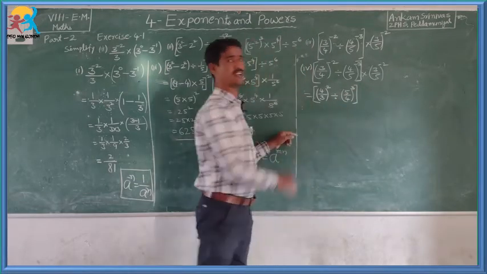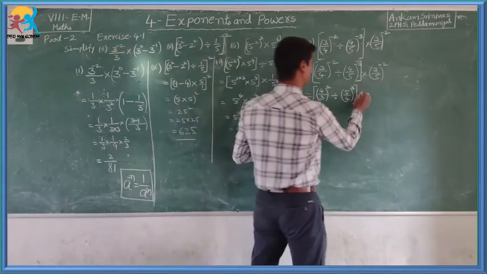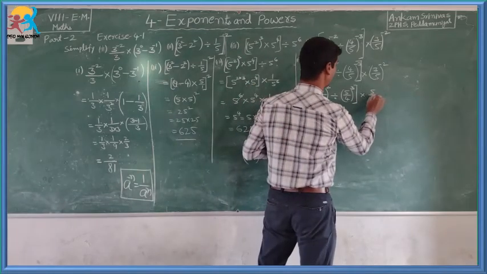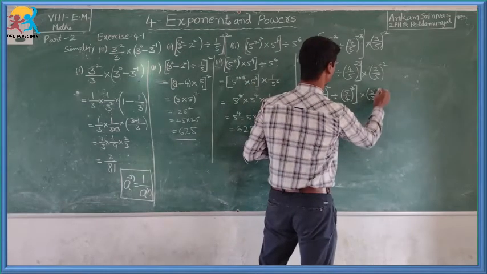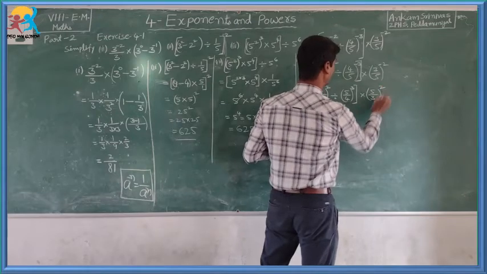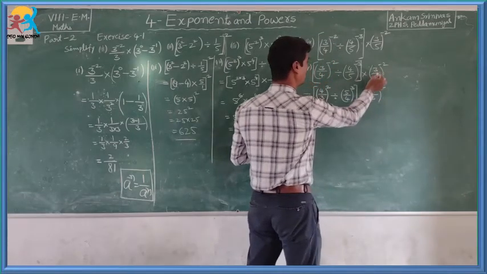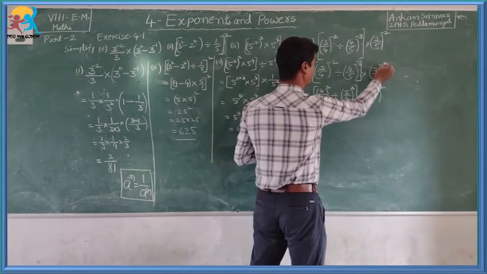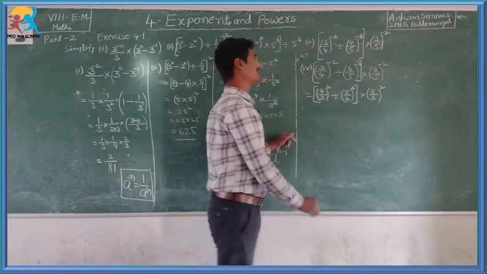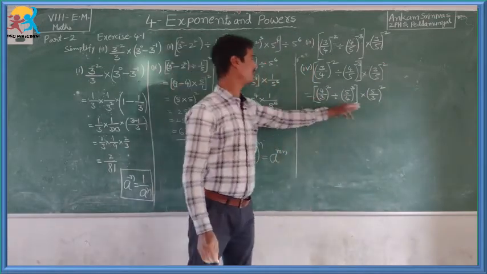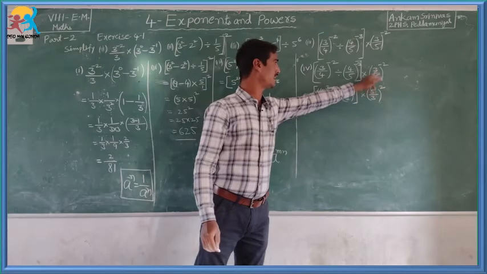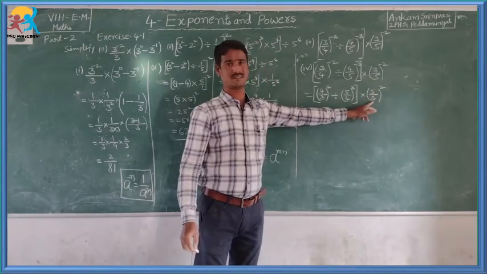Very clearly you can observe here. And 5 by 3 whole power 2. That means 3 by 5 to the power of minus 2.